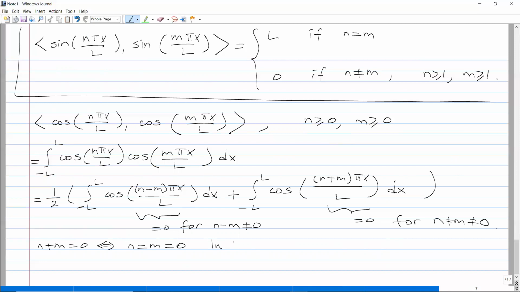So we have, in this case, if both of them are 0, cosine 0 is 1. We have the inner product of 1 with itself, right? So this is the integral from minus L to L of the constant function 1. So in this case, the integral is 2L.